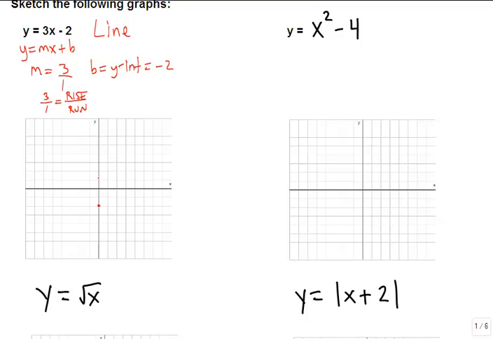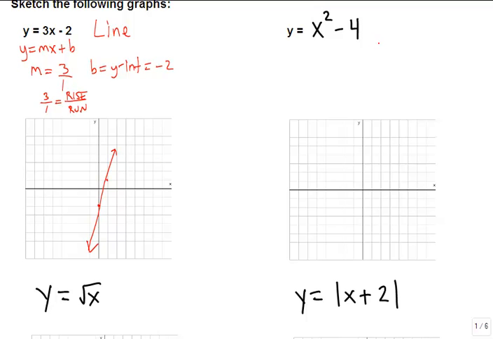So I'm going to go up 3, over 1 to the right, and there's my second dot. Now notice I did that rise and run from my y-intercept. So up 3 over 1, connect my 2 dots, and there's my line. So everyone should know how to graph a line by hand.